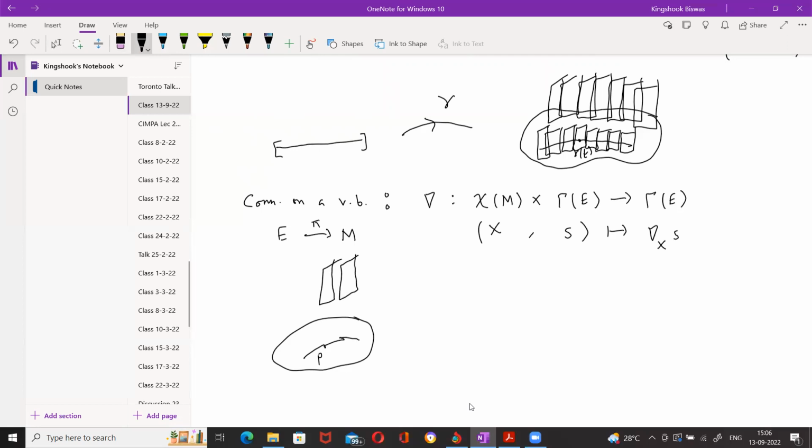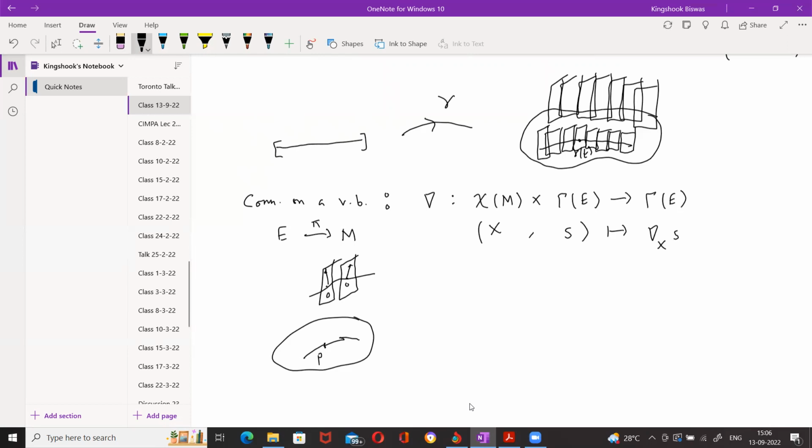This is the 0 of the fibers. Your section takes some value here, and some value here.